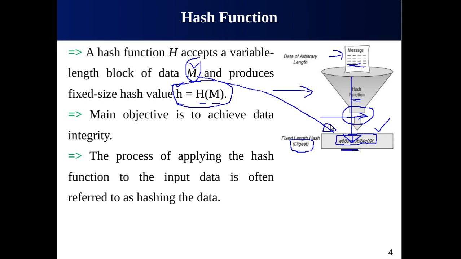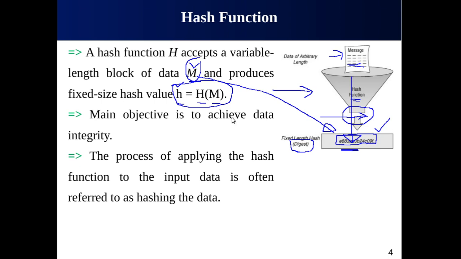So by using hash function, we can achieve data integrity, because if somebody changes the bits of the message during transmission, it will affect the hash value as well. A single bit change in the message will change a large number of bits in the output, in the message digest, in the hash value.